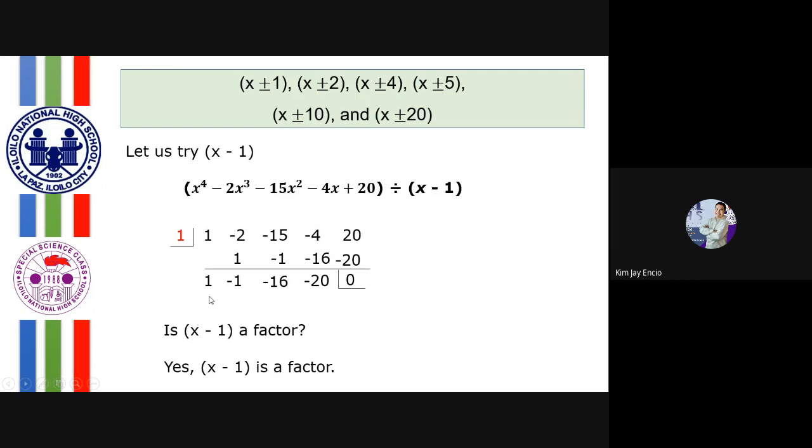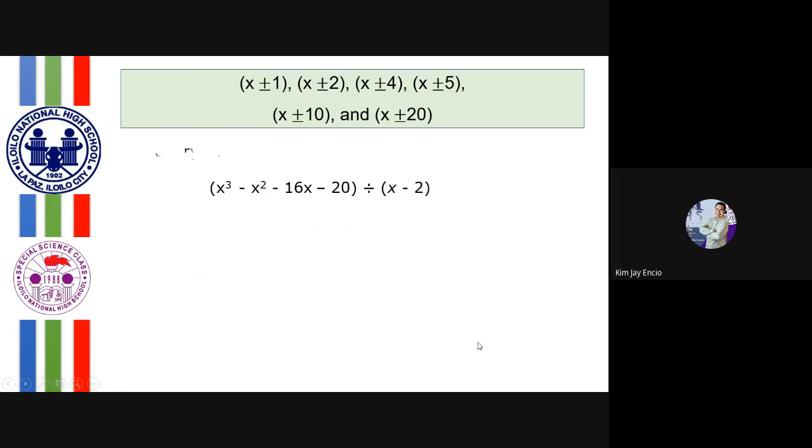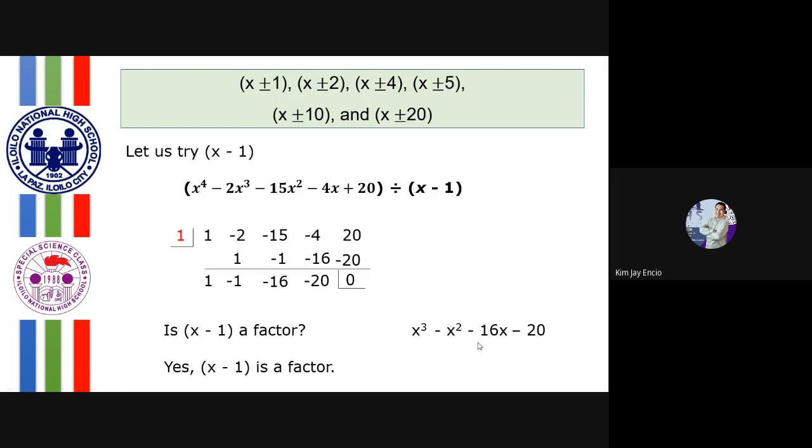Hence, these are the coefficients of a polynomial of degree 3 or a cubic polynomial. And this is x cubed minus x squared minus 16x minus 20. And for this, we still have to use this one now.